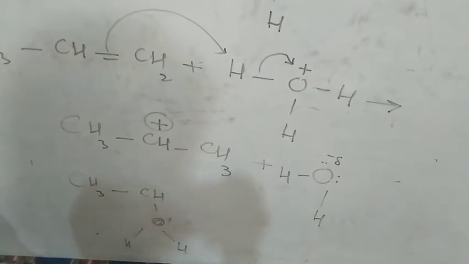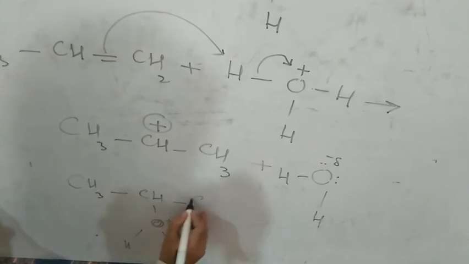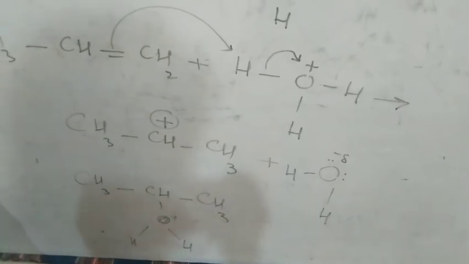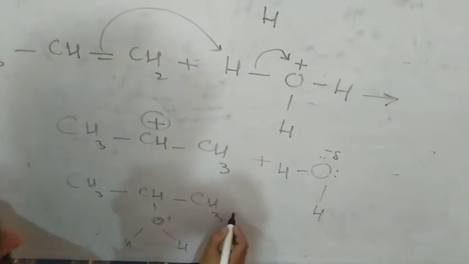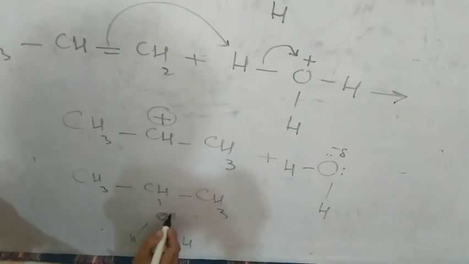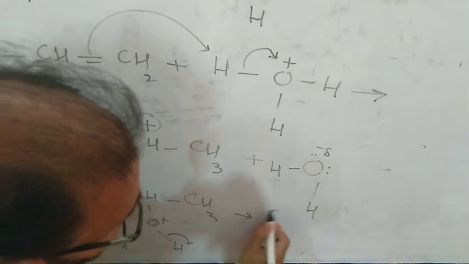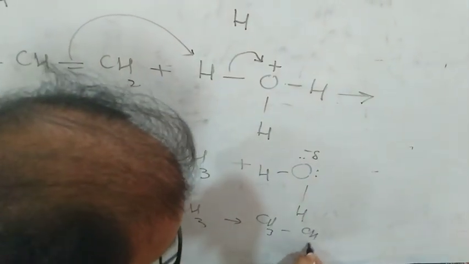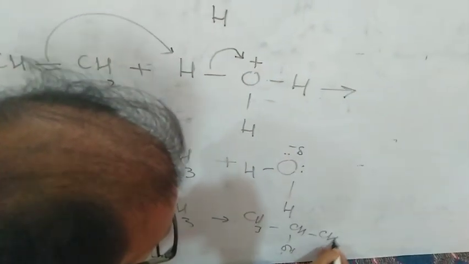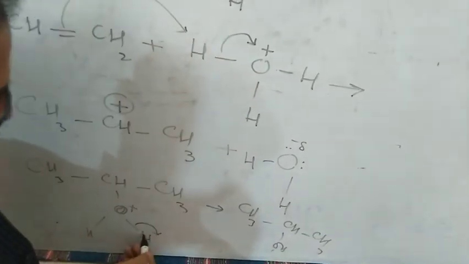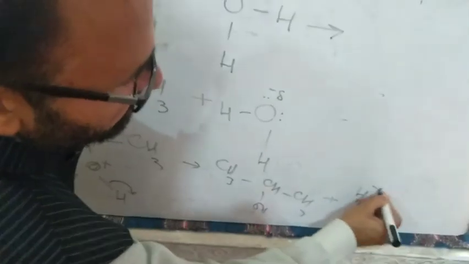So यहाँ पर positive charge आ जाएगी, and here it is CH3. Now protonated alcohol is taken by water and gives CH3CHOHCH3, isopropyl alcohol, and H positive जो है बाहर आ जाएगा, which will react with water and form H3O positive, the hydronium ion.